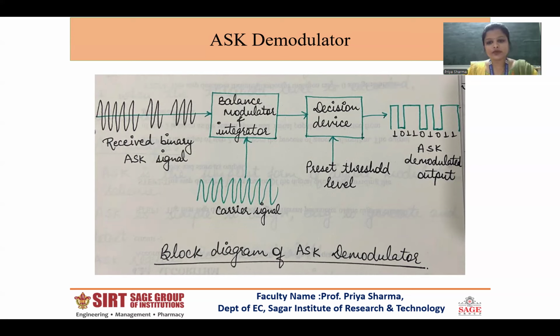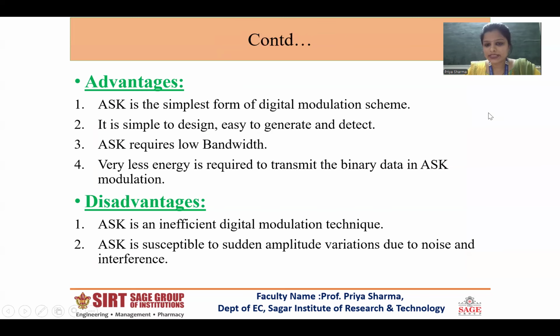Its output is applied to a decision-making device which compares it with a preset threshold level. When the threshold level is exceeded, it will represent 1, and when the threshold level is not exceeded, it will return 0. This is how the ASK modulated signal is demodulated, and we get the original message signal at the output. Very basic circuit diagrams are shown for both.